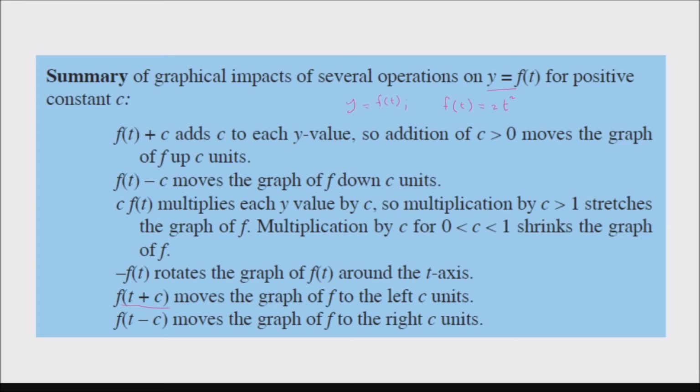This means we're actually going to calculate the y value with this right here, but when you're drawing the graph, we draw for t and y. So my graph, I'm drawing for f(t) and t, but I'm going to add some constant here. When you calculate it, this is what you do in the calculations.